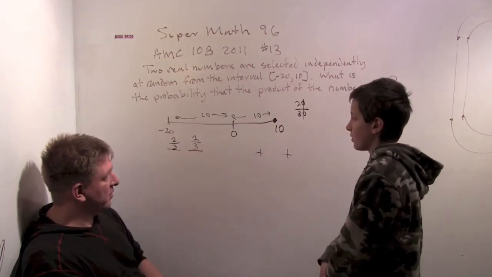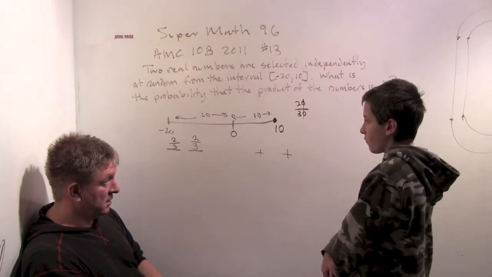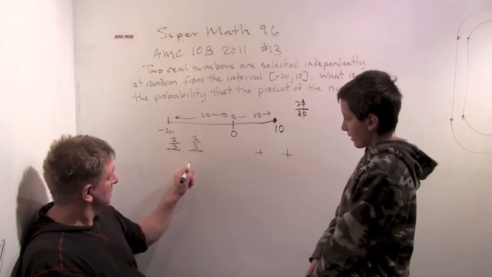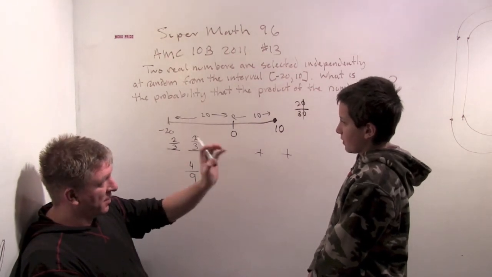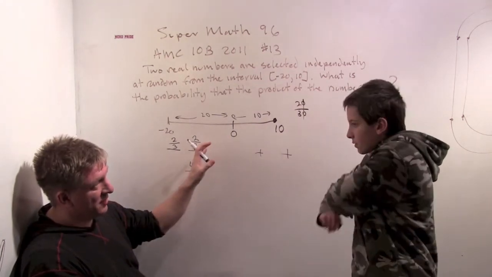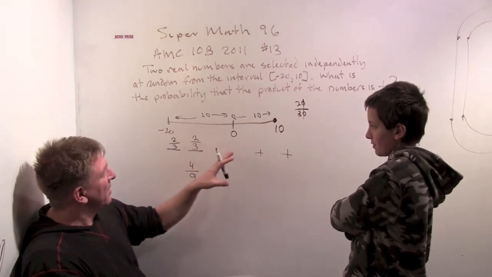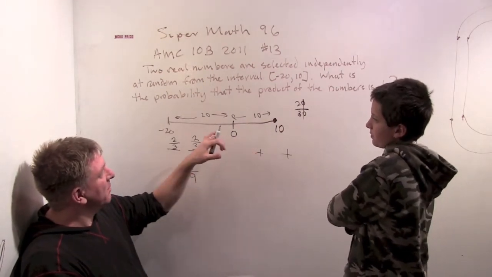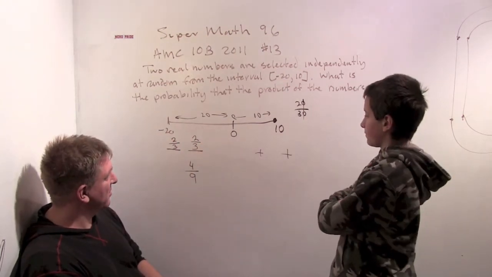So what's the probability that the product is positive given that both numbers are negative? It's 4/9. Oh, sorry, I actually said that wrong. Given that both numbers are negative, the probability that the product is positive is 100%. What I meant to ask is, what's the probability of picking both numbers negative? Sorry, I just misspoke.